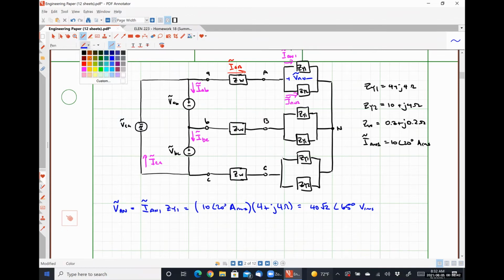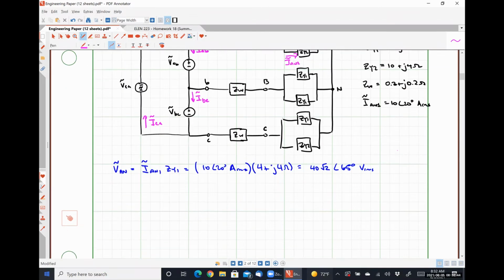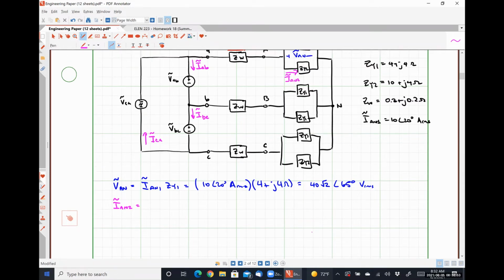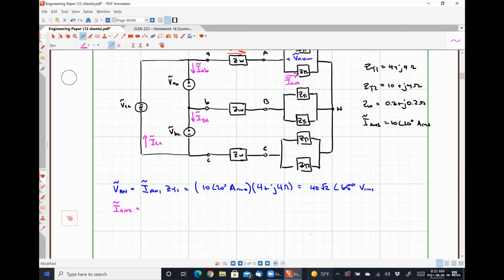All right, so from here, IAN2 would be VAN divided by ZY2. So our 40 root 2 angle 65 degrees volts RMS divided by 10 plus J4 ohms.